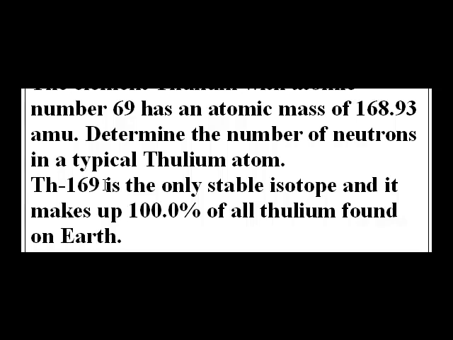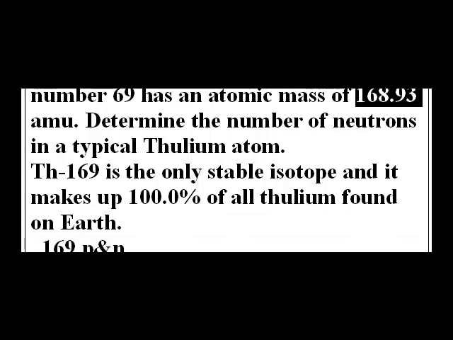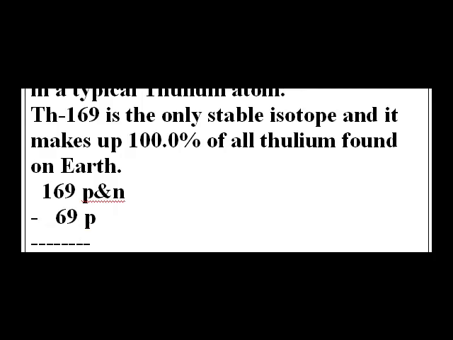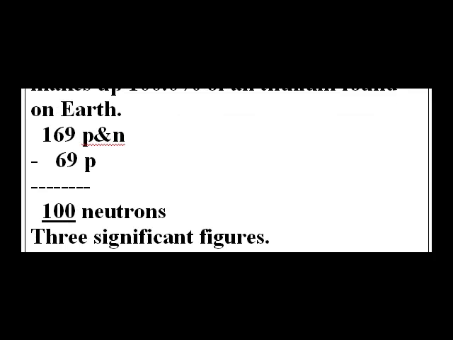Okay, notice that the 169 here also means the number of protons and neutrons in the nucleus, and that's really close to the atomic mass. So what I do here is calculate 169 protons and neutrons minus 69 protons, and I come up with 100 neutrons.